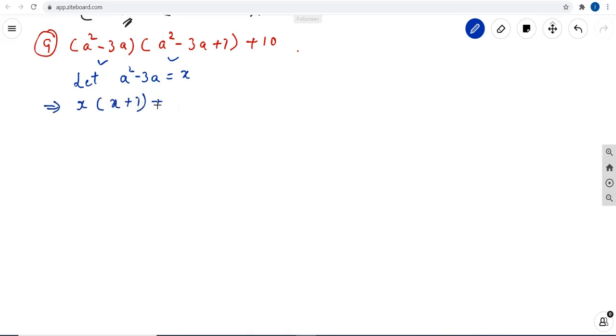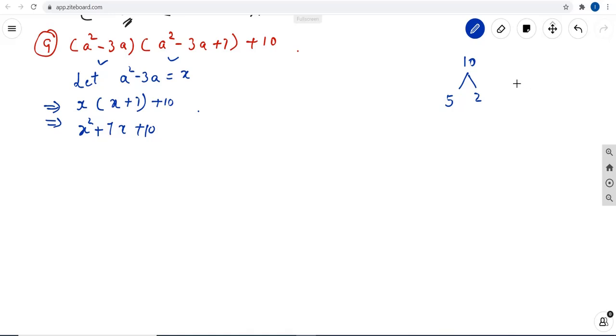Okay, plus 10. So what will I do? I'll multiply x into x is x square, plus x into 7 is 7x, plus 10. Okay, now this is your quadratic equation. Now this one we have to solve by using middle term splitting. 10 I can write as 5 into 2.